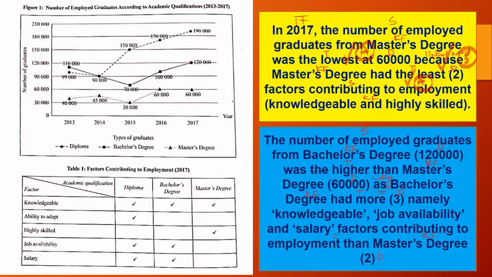The data is 2. Okay, so based on this answer, we will be awarded with an analysis mark for was higher than, more factors, as well as the synthesis for as. As is a synthesis. Okay.